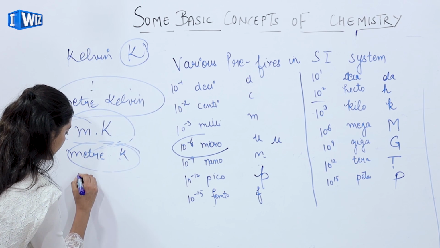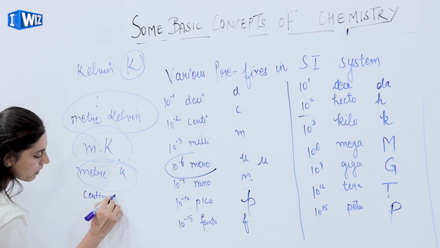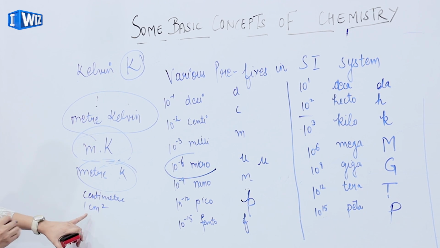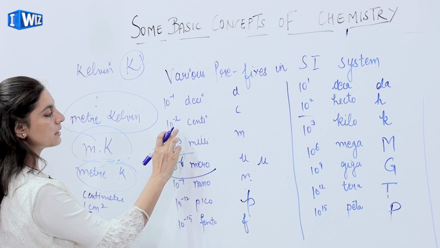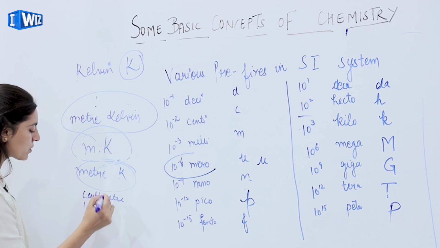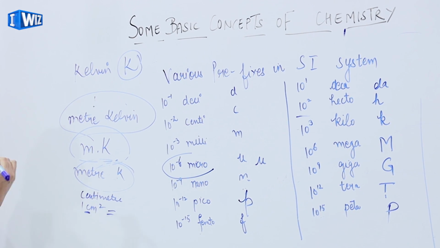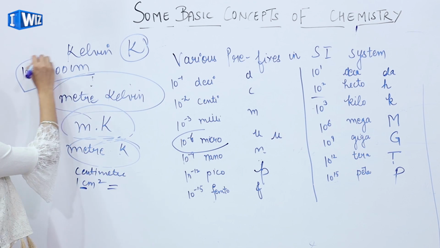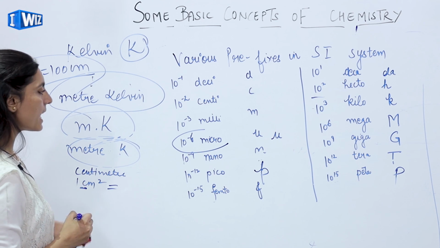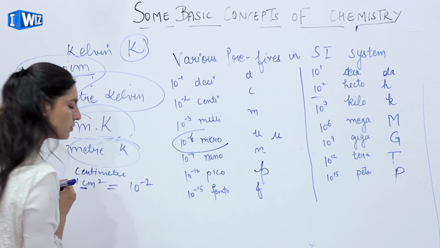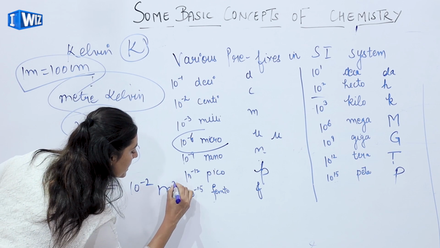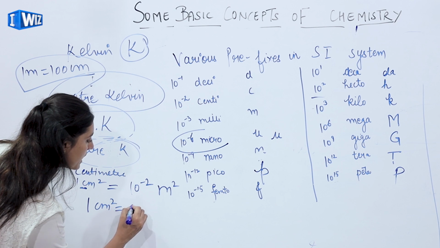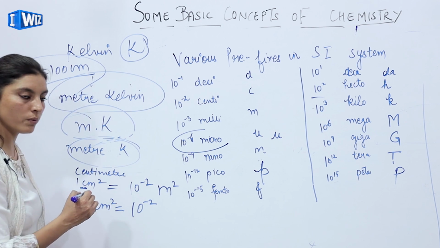Thirdly, when I am writing the centimeter, let's talk about 1 centimeter, 1 square centimeter. I know that centi represents what? 10 raised to the power minus 2. As we know that 1 meter is equal to 100 centimeter, am I right? So can I write 1 centi as 10 raised to the power minus 2 meter?